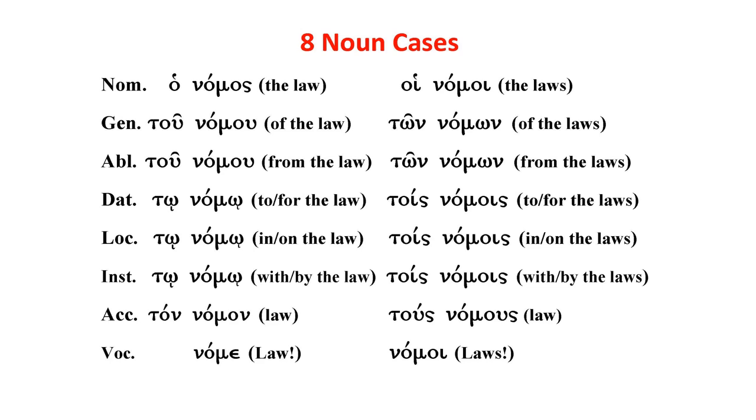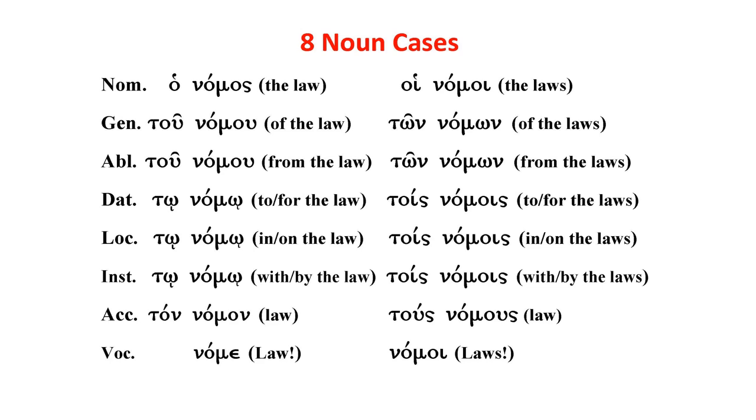So if you were to use a modern Greek grammar, almost all of them will tell you there's a 5-case system in Greek. But one of the reasons why I like having this older system that says in the Ray Summers textbook that there are 8 cases is because even if you have a 5-case system that you're learning from, let's say a newer Greek grammar book, you would still have to think through the distinctions between genitive and ablative, or between the dative, locative, and instrumental.